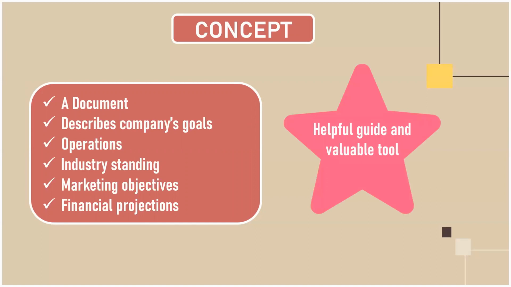So it is a helpful guide and valuable tool for any startup company or even for established businesses, because when you plan out something, it becomes easier for you to execute or implement the plan. Implementation becomes easier because you do a lot of study, you put a lot of thought into it, and you reflect upon each and every aspect before you write a business plan.